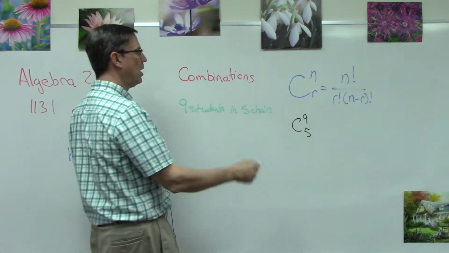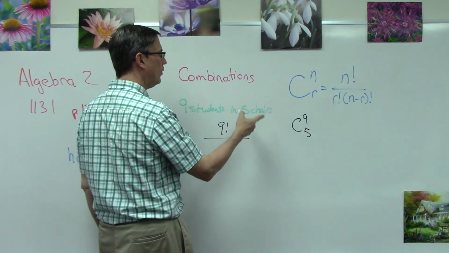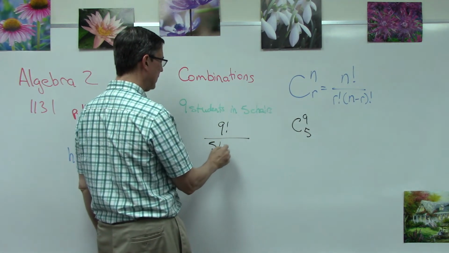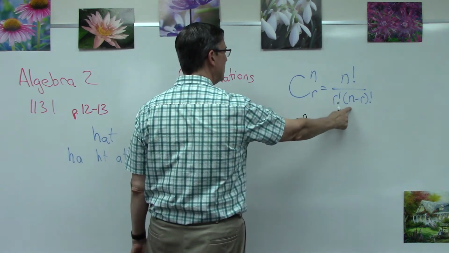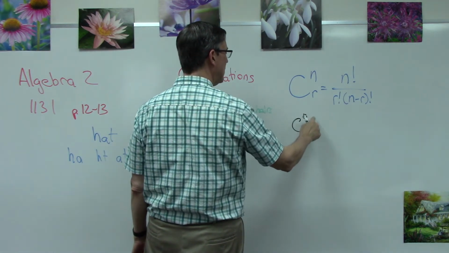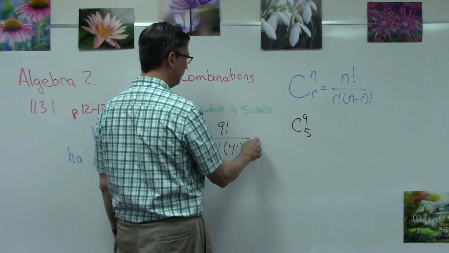So to solve that, we're going to do 9 factorial over 5 factorial times, and then we subtract 9 minus 5, N minus R, 4 factorial.